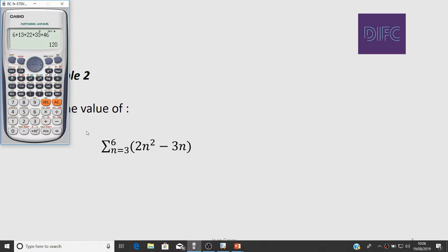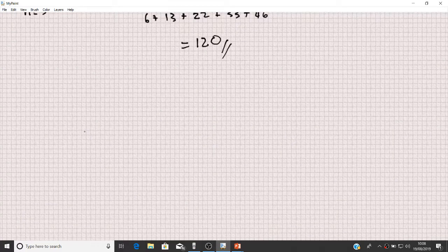So we take a look at that one. We'll just note the sigma notation first. We've got n equals 3, and we'll be stopping at n equals 6, and the series is given by 2n squared minus 3n.